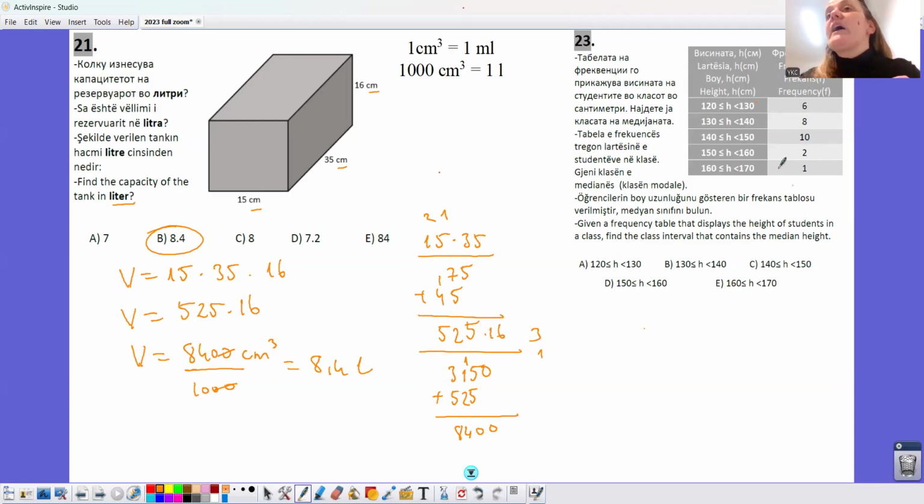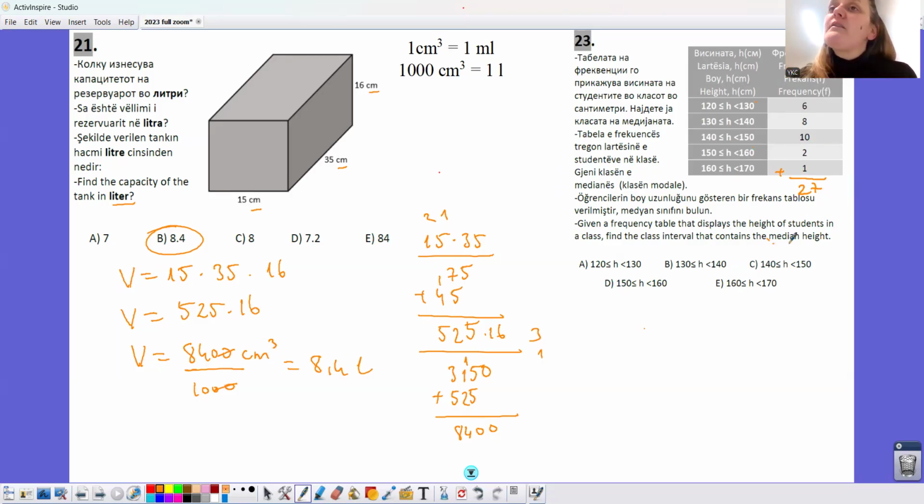Firstly, when we add these numbers, we find the total number of students, which is 27, as you can see. There are totally 27 students in the class.